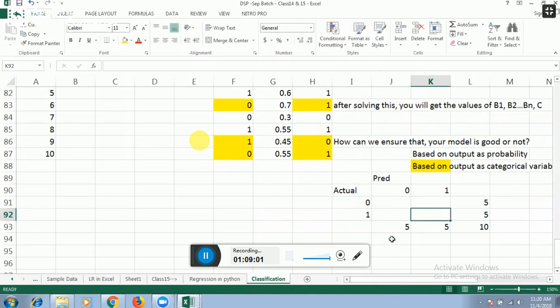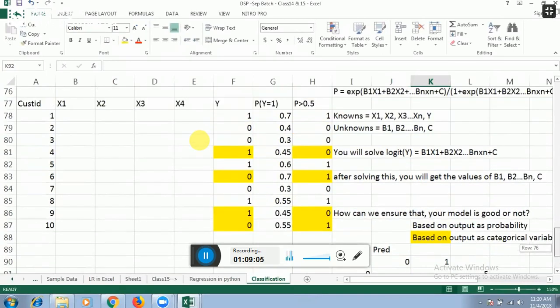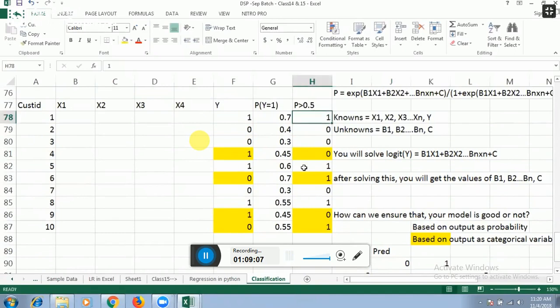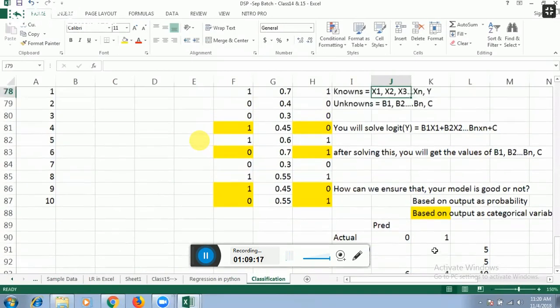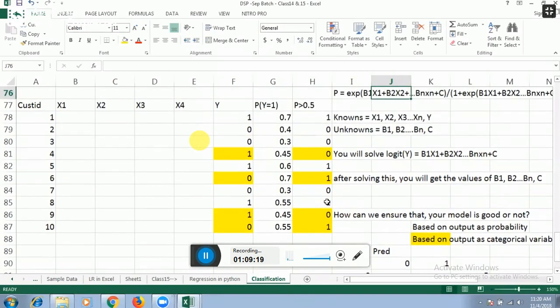Maybe you can see that. How many ones are there? 1, 2, 3, 4, sorry, 4. 4 ones and 6 zeros, right? This is what you print. Where 5? Oh, sorry, 5, correct.